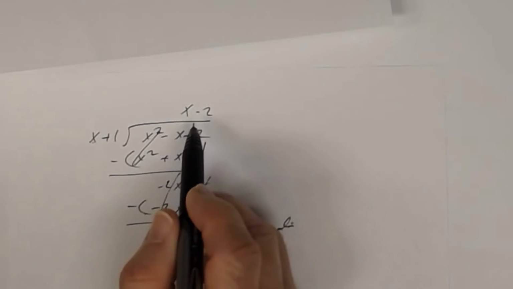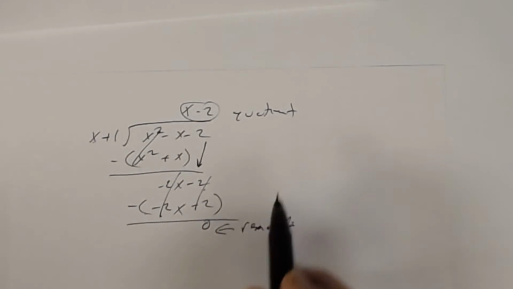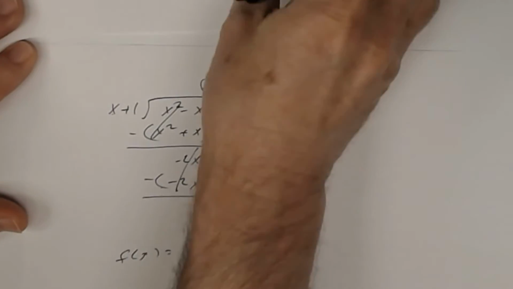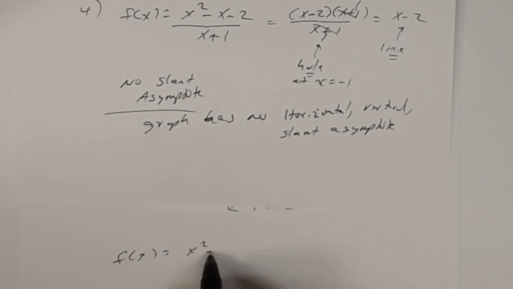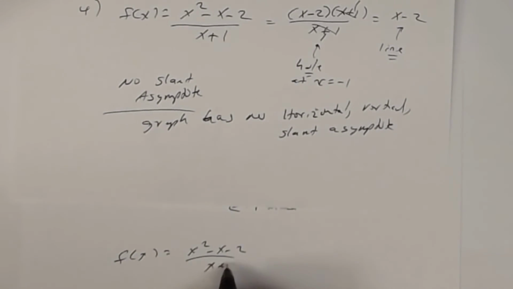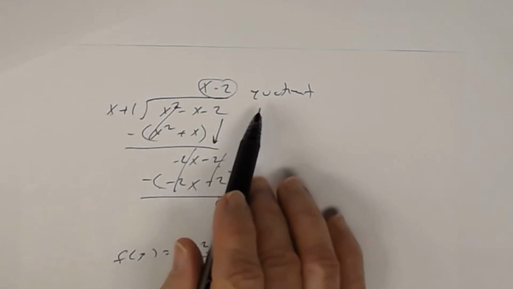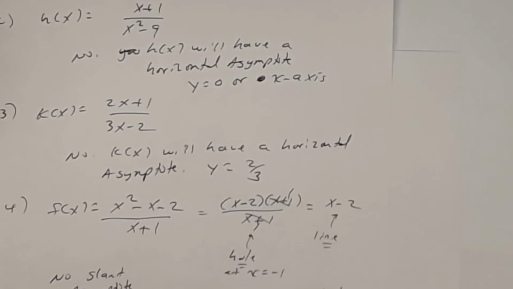Since the remainder is 0, that means that this quotient, remember, that's your quotient, right? So f of x, let me write this out, which was x squared minus x minus 2 divided by x plus 1, is just equal to x minus 2. And that's what you saw here.